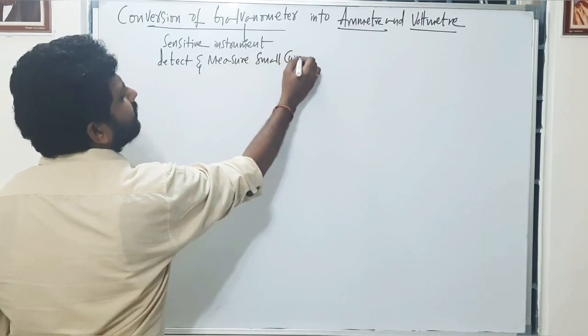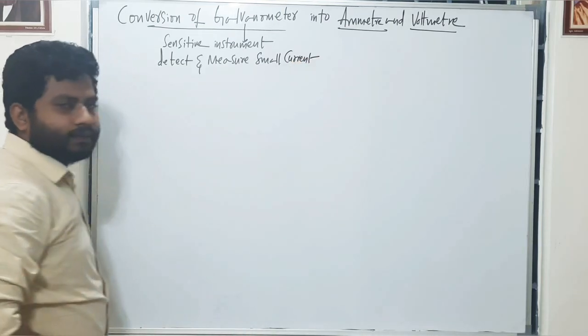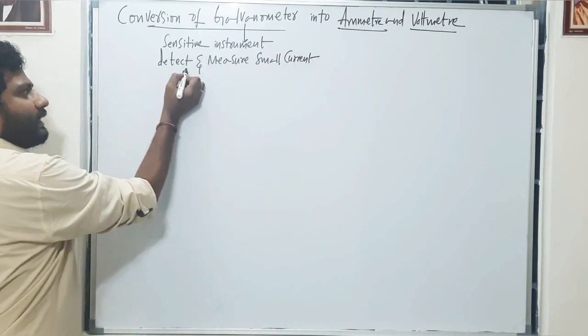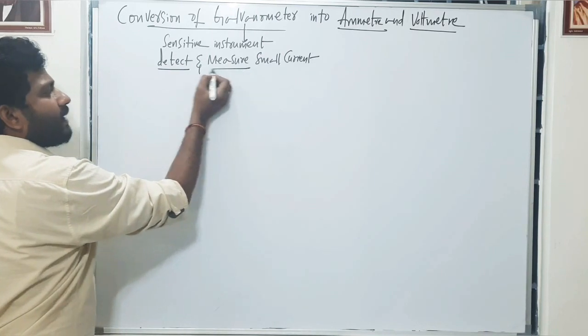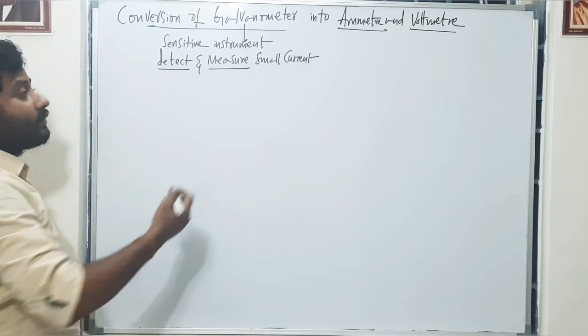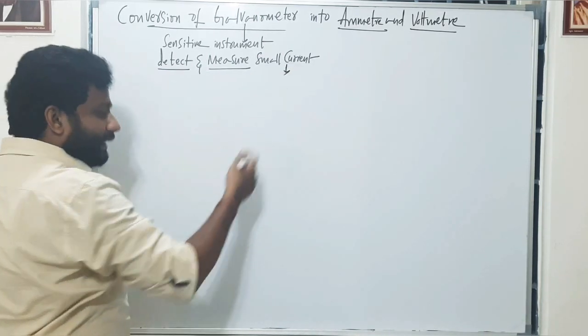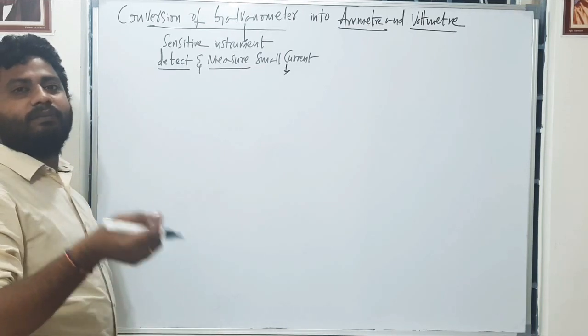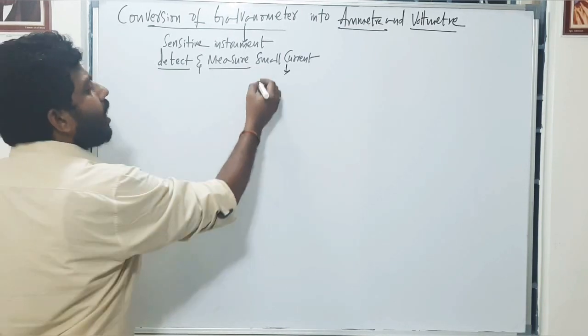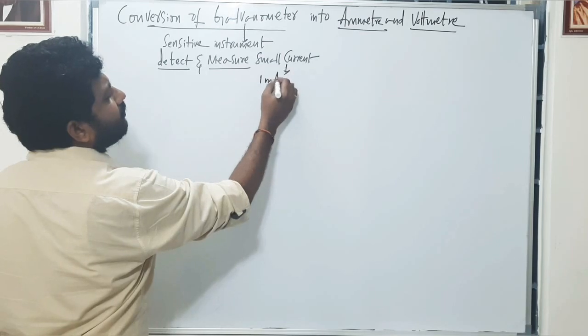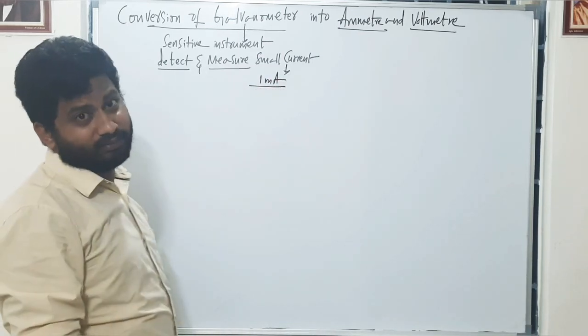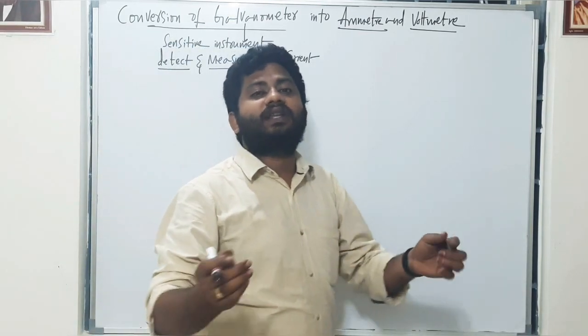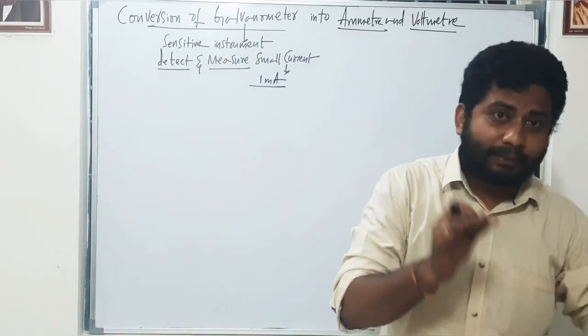So what I have written clearly, it is detecting and measuring a small amount of current. So generally the galvanometers will be made to measure a maximum of 1 milliampere current. You might have seen the galvanometers in your physics laboratories.